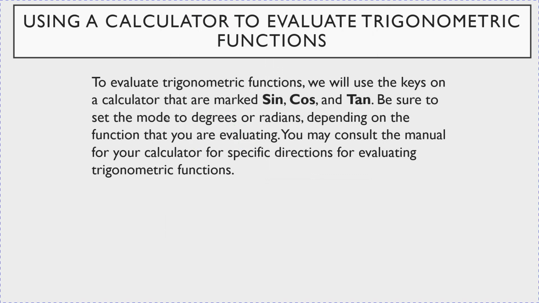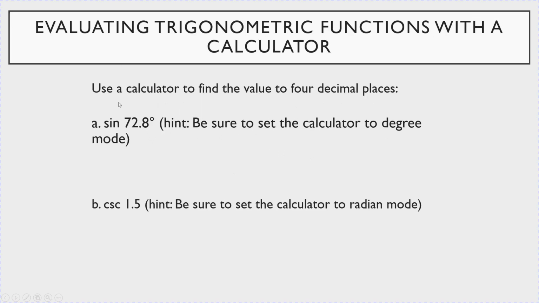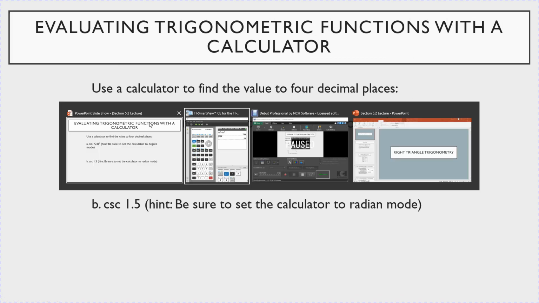Now this is important. Be sure to set the mode to degrees or radians depending on the function that you are evaluating. You might need to consult your manual on how to do this. I'm going to show you how to do this on the TI-84 that I have. So I want to evaluate, to 4 decimal places, sine of 72.8 degrees.